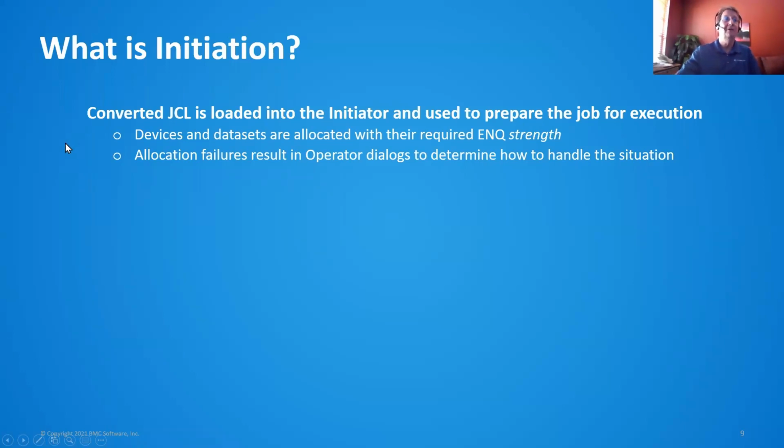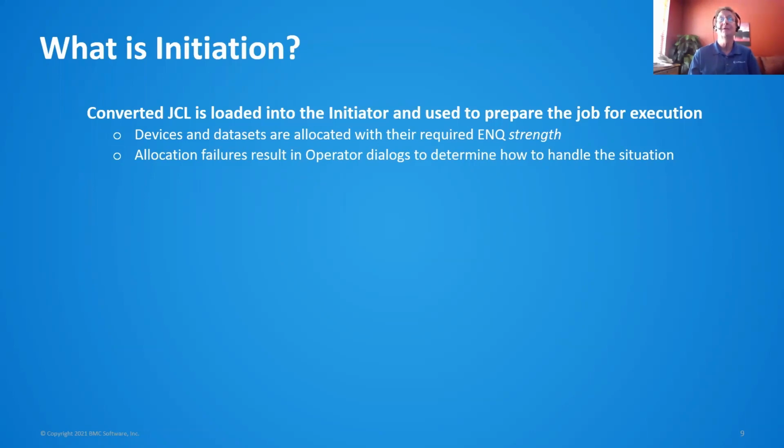Things I like to point out are allocation. Device allocation occurs. You might need tape drives, virtual, they're still devices. Disk drives are actually devices, kind of forget about that. And data sets are allocated. Data set allocations take place with the required ENQ strength as the JCL specifies.